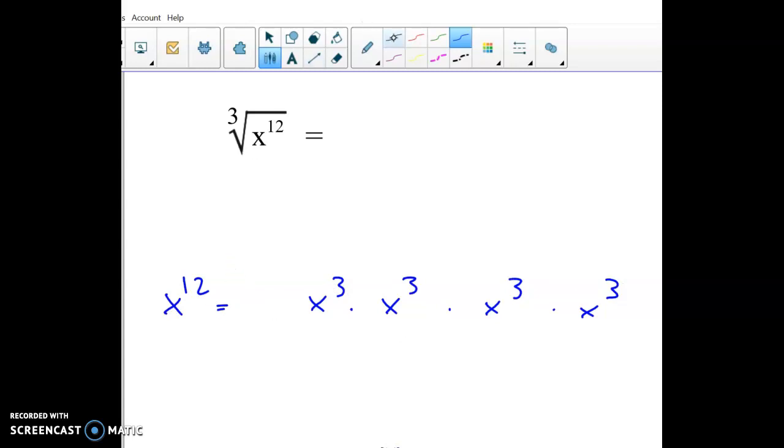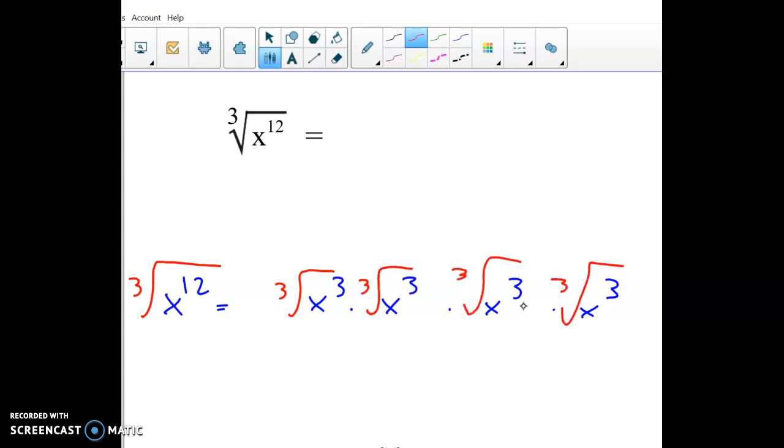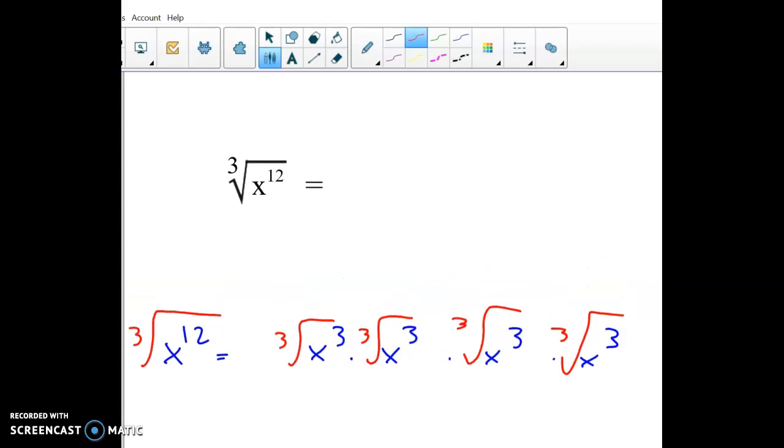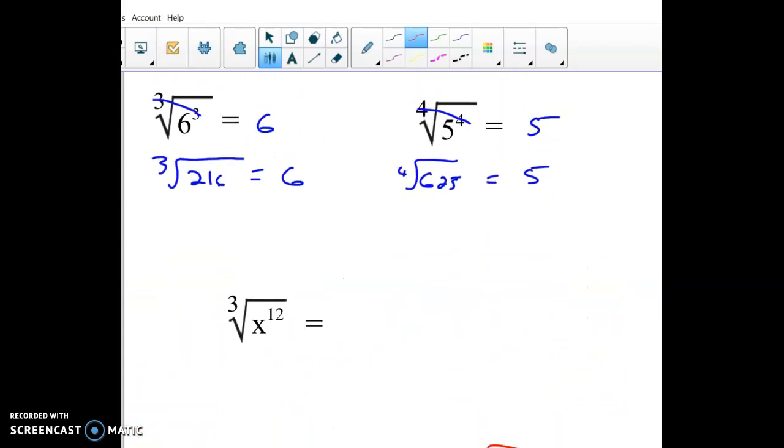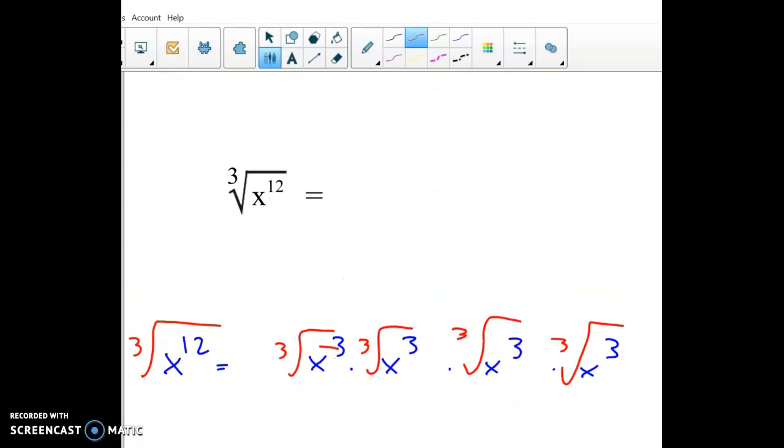So if I make all of these third roots, because this original thing had a third root over it, I'm going to split it into multiple third roots. The reason is now they would cancel just like they did up there. Now this third power and third root cancel. That's why I broke them into x cubes. So they cancel out and they leave us with just x times x times x times x, which is x to the 4th.